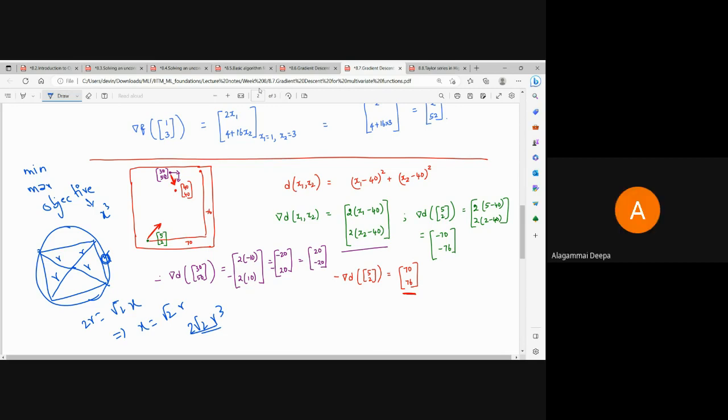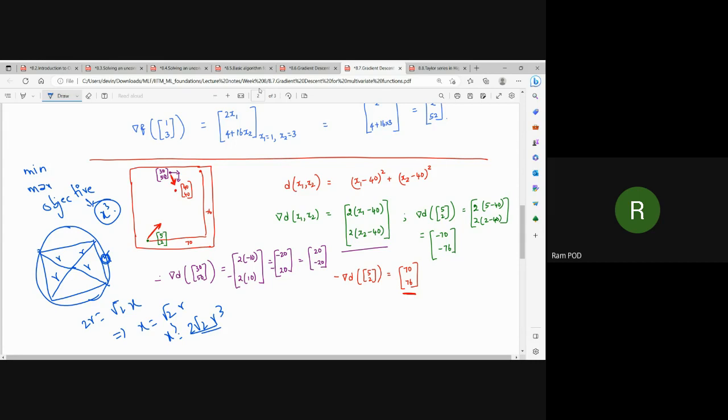Clear? So even though it could be multiple dimensions or whatever, the main thing you need to notice is there is going to be an objective, and then there are going to be some constraints. By using the constraints, we want to reduce the objective function to a single variable.